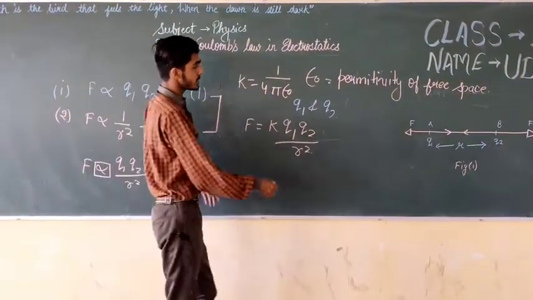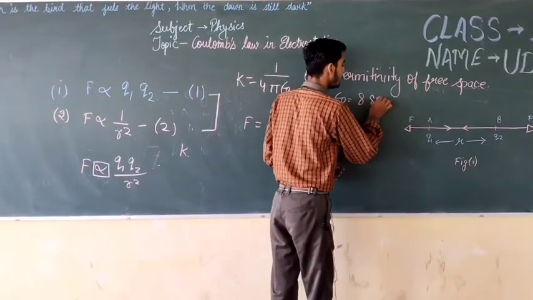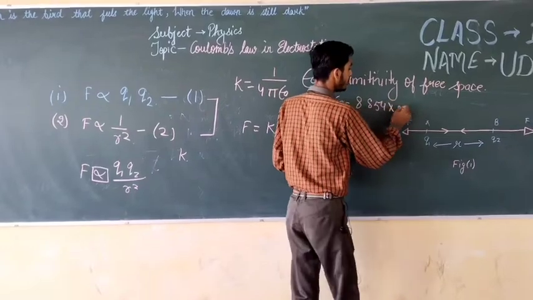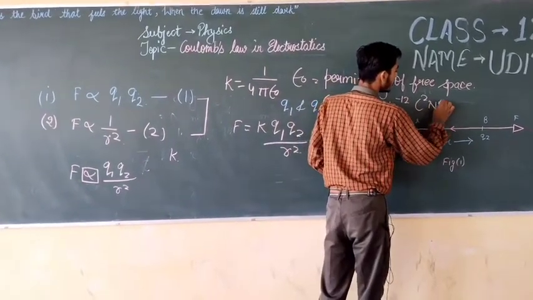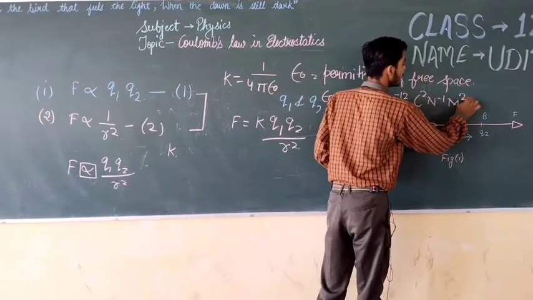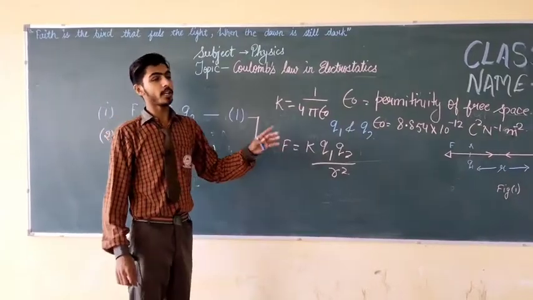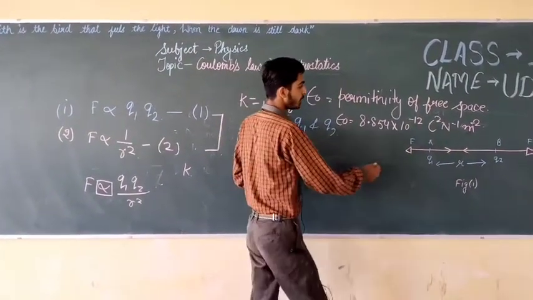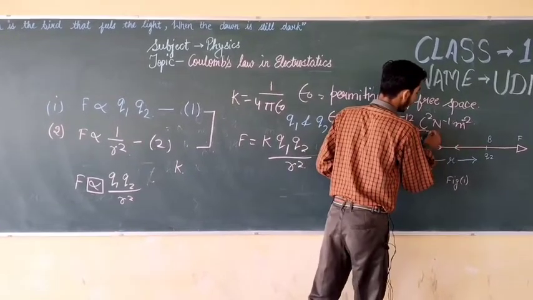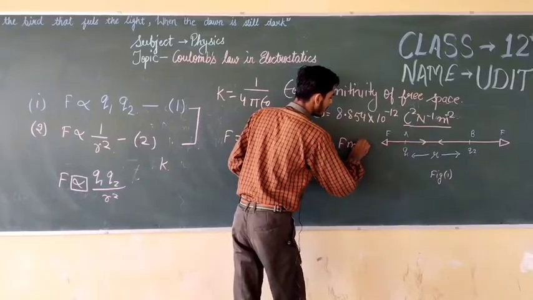Its value is 8.854 into 10 raised to power minus 12 coulomb square per newton per meter square, or its unit is also farad per meter.